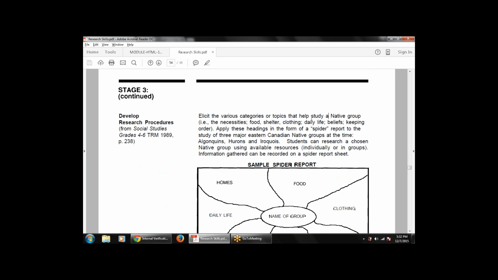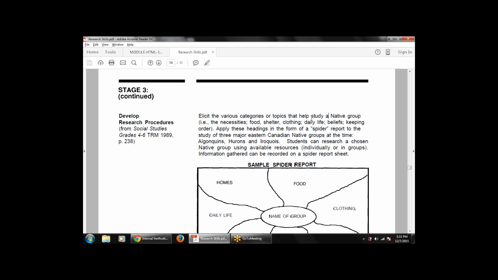That includes the necessities: food, shelter, clothing. That means the various basic needs. So the main thing is to develop the research procedure, that is how you can research the activities. That includes the necessities, food, shelter, clothing, daily life, breaks, keeping order, etc.